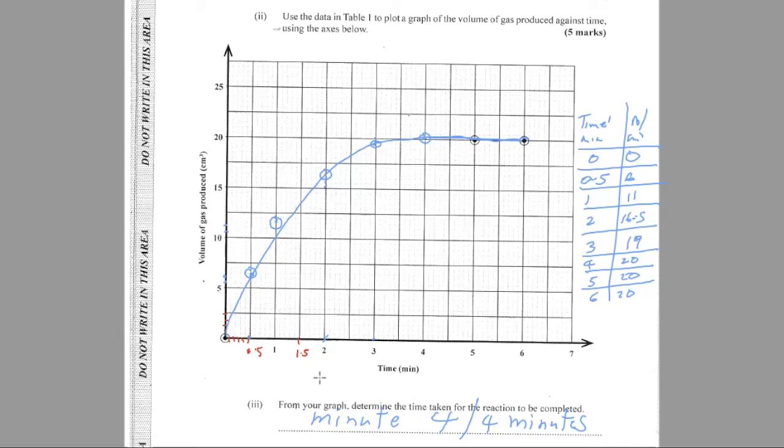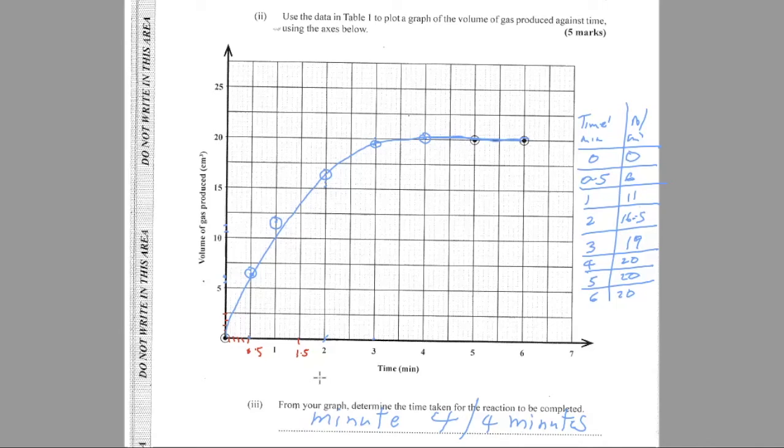We can just look at the table to see which time interval gave us the largest volume. We want the largest amount produced in the shortest amount of time, and that is how we would know that we had the fastest rate.